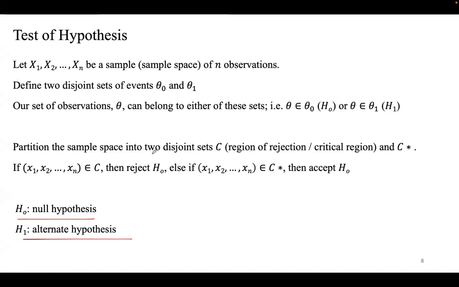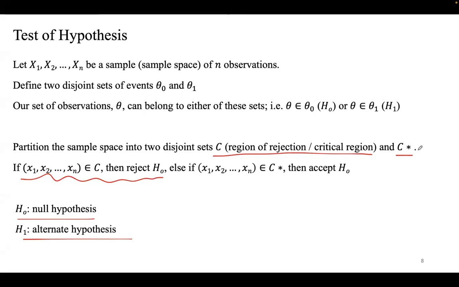Now these are our observations, and the observations will belong to a certain region. Again, we are defining two disjoint regions. One is called C, which is the region of rejection or the critical region. The other one is C star, which can be called the acceptance region. Again, these are complicated notations and will not come up so much in the upcoming questions. What you need to know is that there is something called the null hypothesis, and the null hypothesis corresponds to the C region, the critical region.